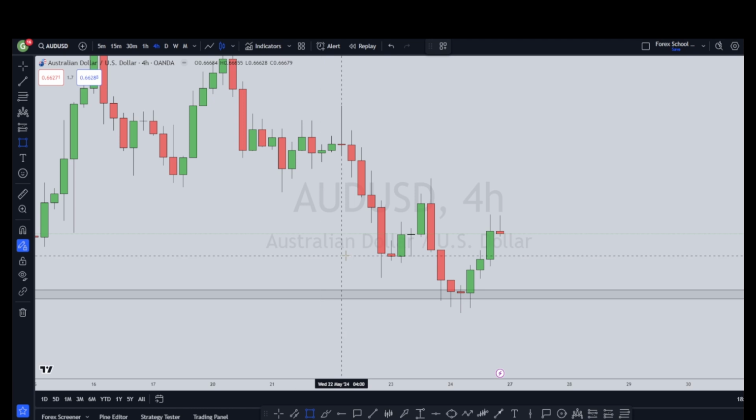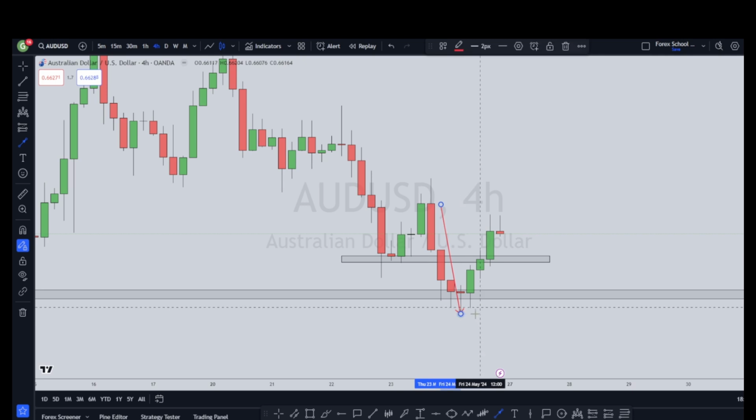And so we see that this was an area of support and price broke below it, but then upon retracing to retest this support now turned resistance, price was not rejected, but instead it was able to break through. Now, once resistance is broken, it becomes support.